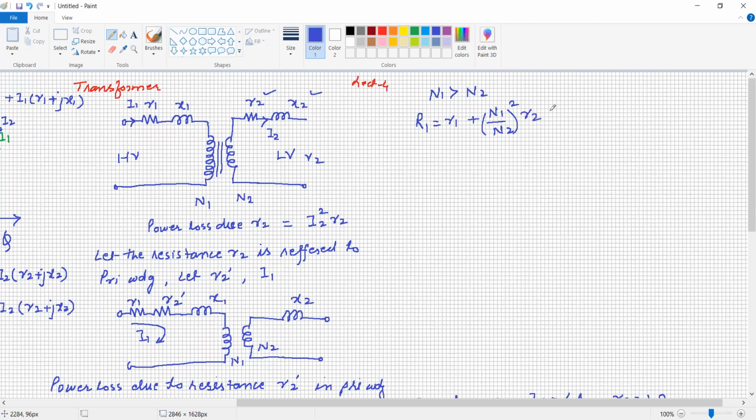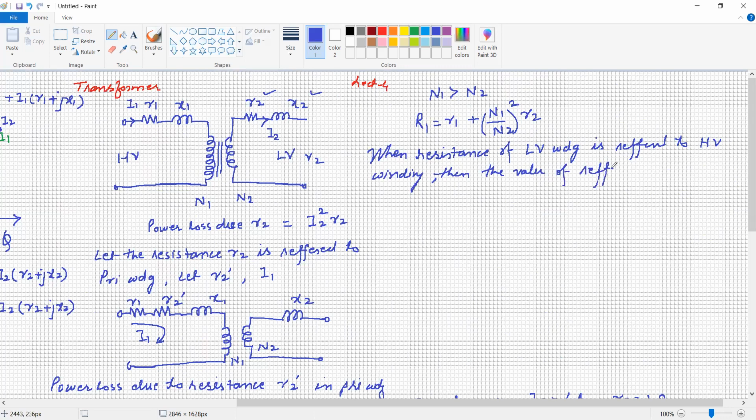Here the number of turns N1 is greater, so this ratio is greater than 1, and hence we can say that when the resistance of LV winding is referred to HV winding, the value of the referred resistance will increase. Yes or not? It is quite clear.